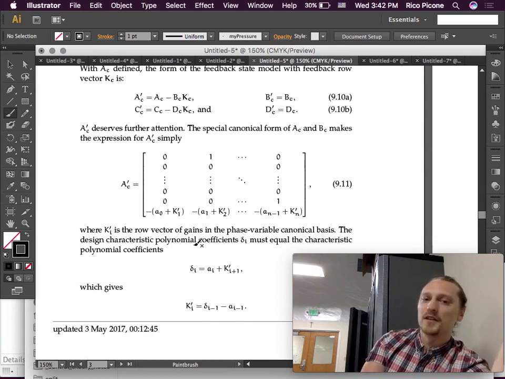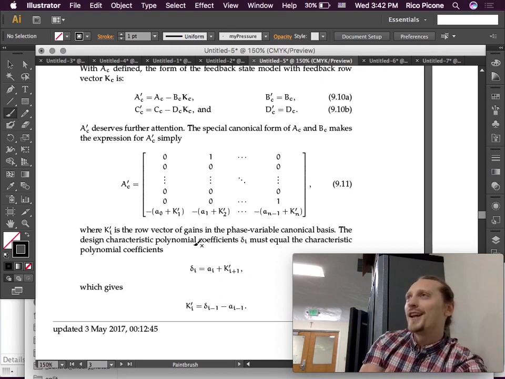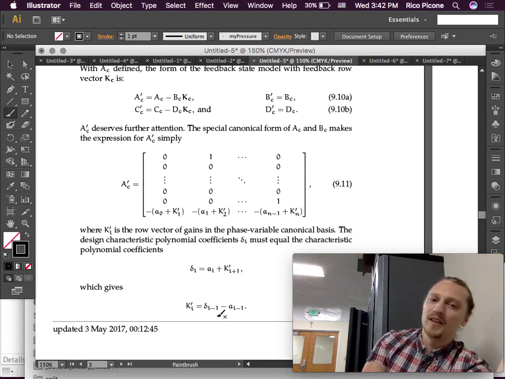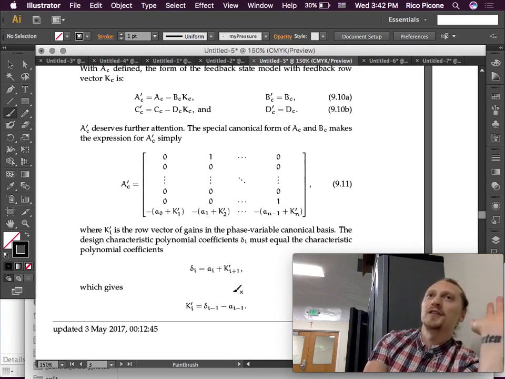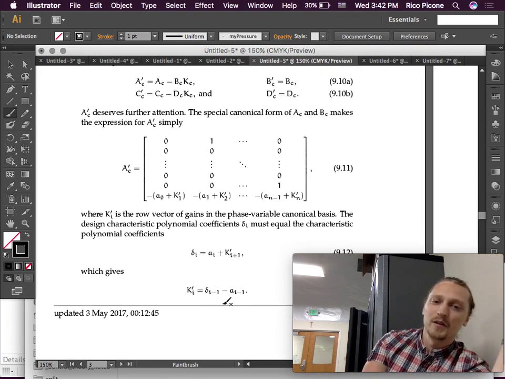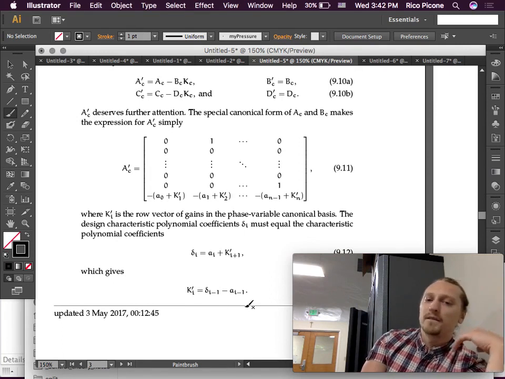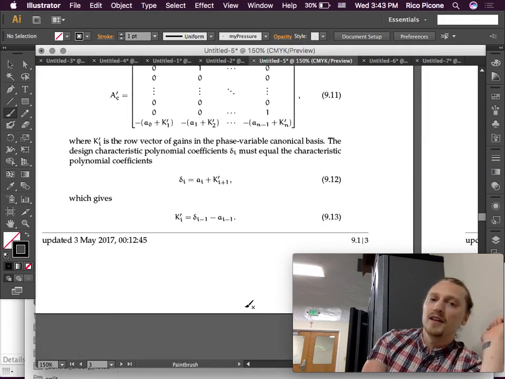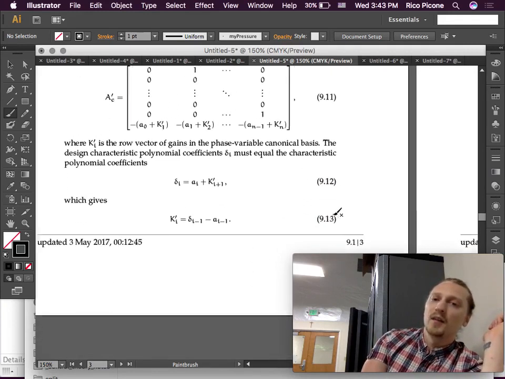In phase variable canonical form, it ends up being a simple subtraction to solve for each variable, which is really nice. Conveniently, each k_i prime is equal to delta_{i-1} minus a_{i-1}. That is the formula for all of the gains in the primed variable.